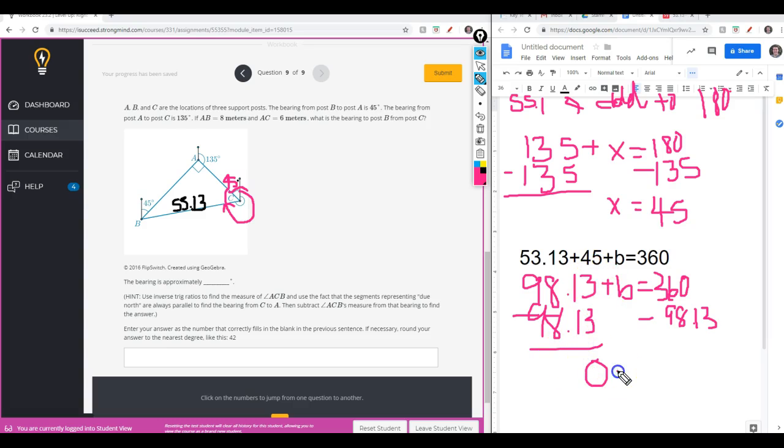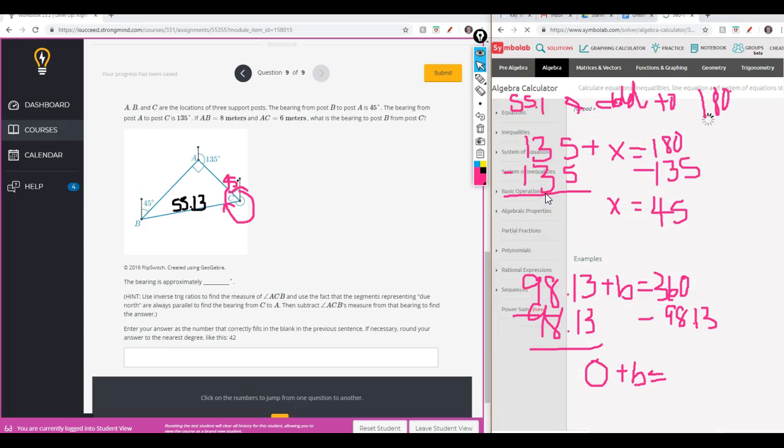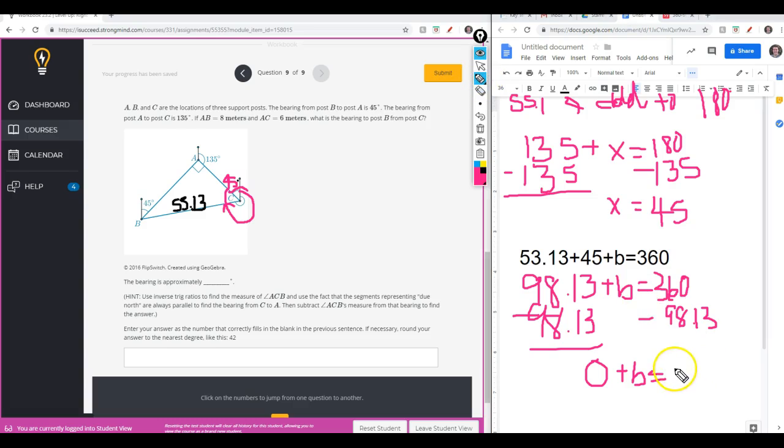I still have plus my bearing, which is going to equal 360 minus 98.13. That's going to give us 261.87. And this is typically written 0 plus B is just B. So our bearing is 261.87.